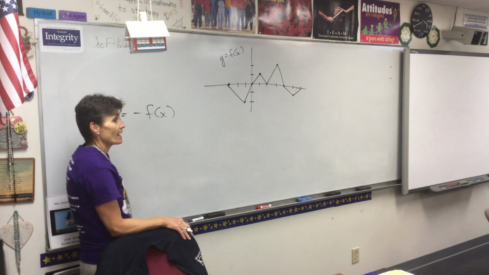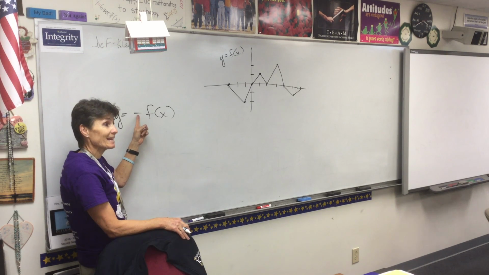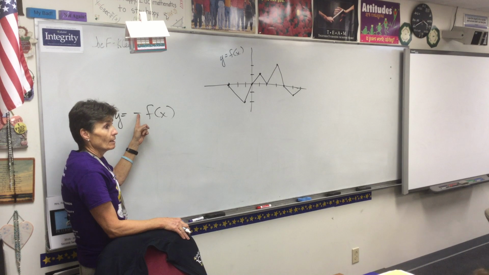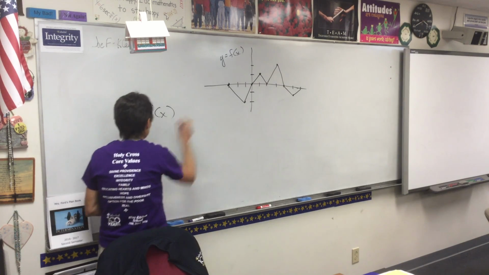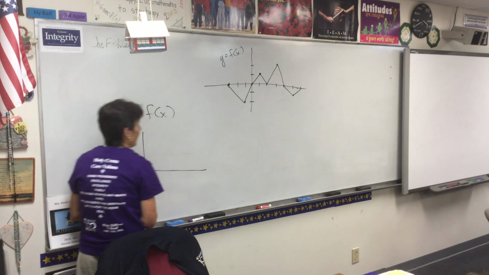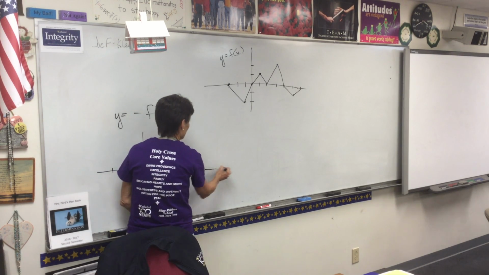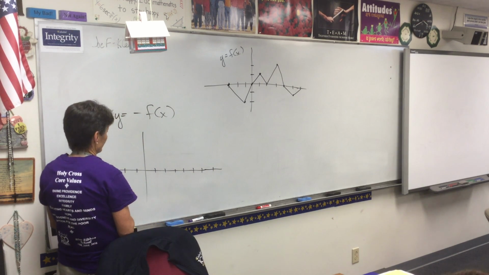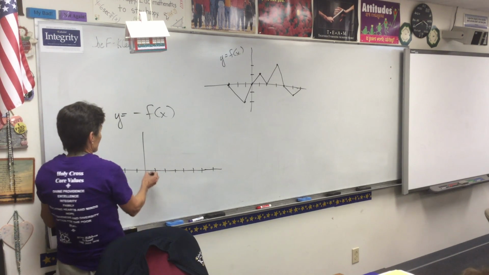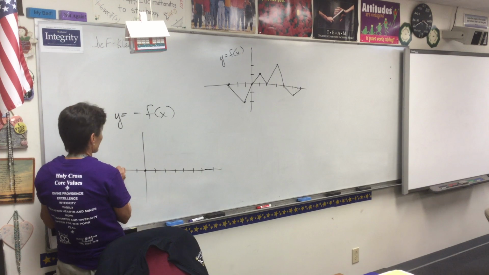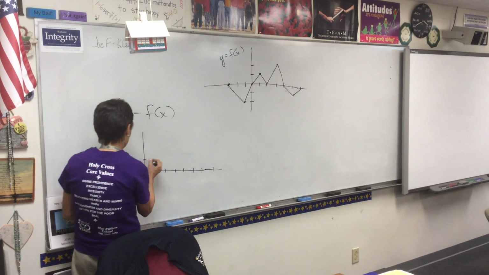All right, so you're going to sketch this. Now that's easy if you remember what a negative out in front does. A negative out in front makes you upside down. So you're going to draw that picture upside down. So we're going to flip it upside down. So some of these points aren't changing. But this one, instead of being down here, is now going to be up here, right?